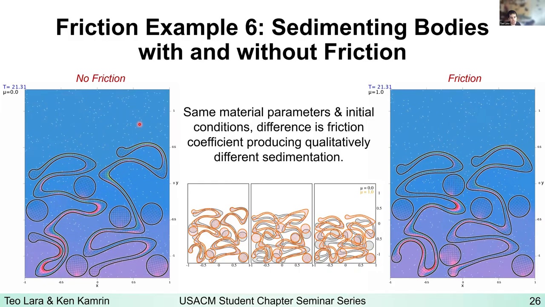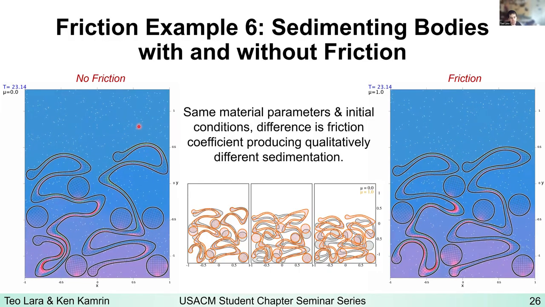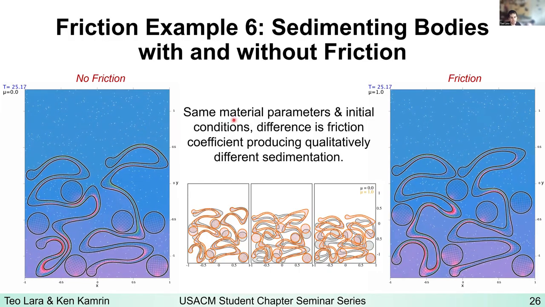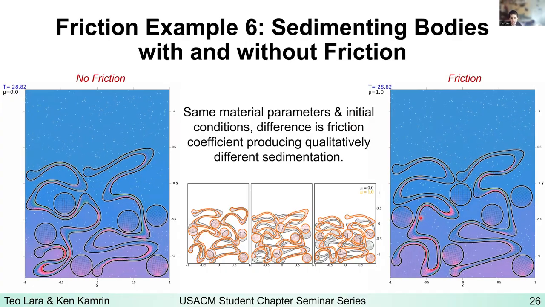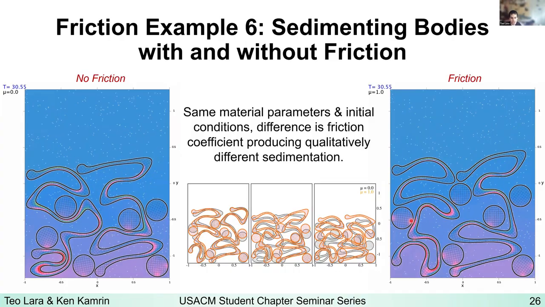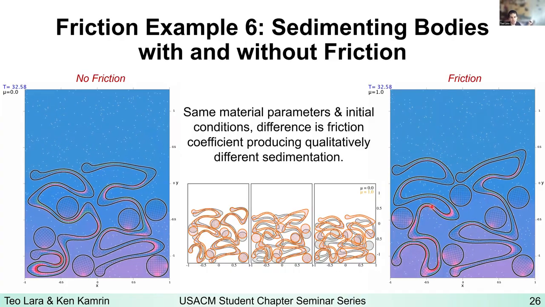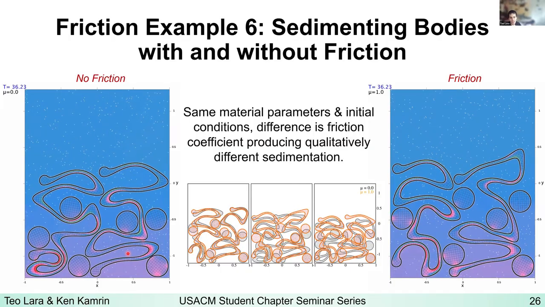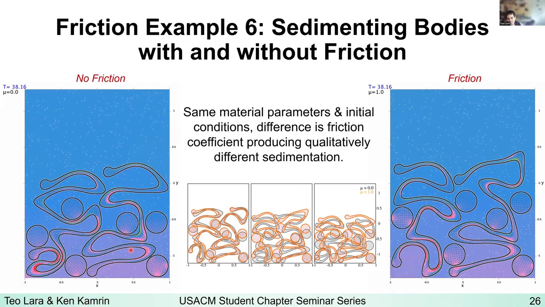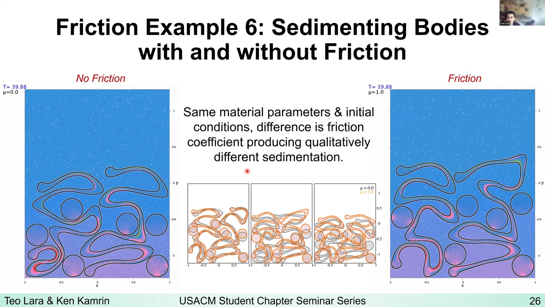And this addition of friction produces qualitatively different sedimentation over time and a different final resting state. Again, there are self-contacts, multi-body contacts, all of them having friction. And in the case of friction, we have noticeably different physics than the case without friction. So that's another fun test case to do with these friction models.